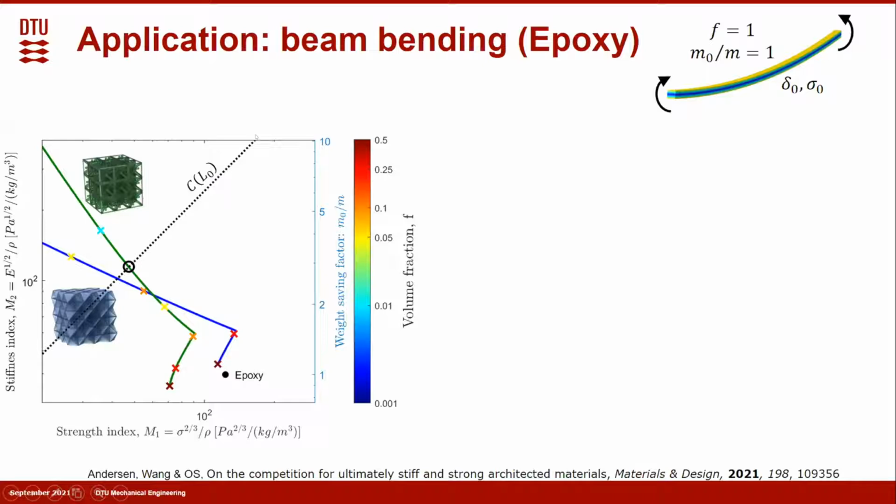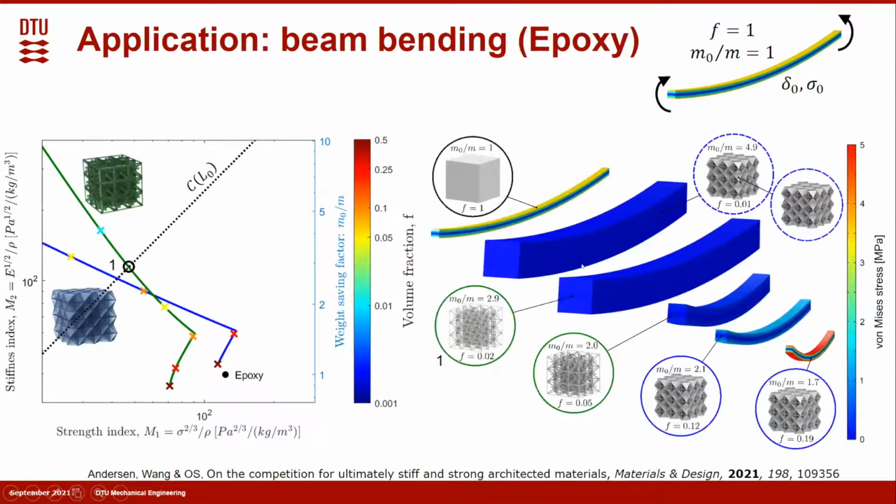For a beam with original length L, it's this beam here. This long span beam actually favors truss lattice. And if we shorten the beam, then the truss lattice and the plate lattice performance become similar.